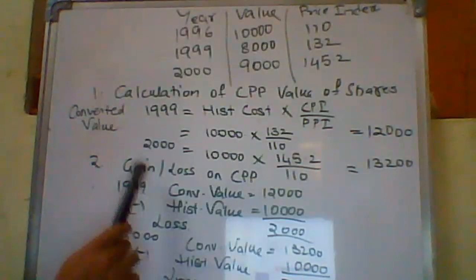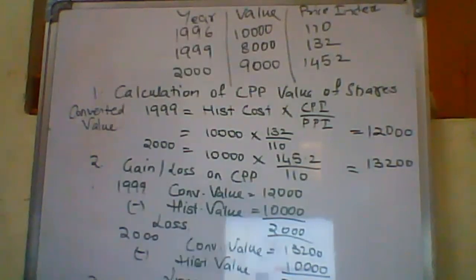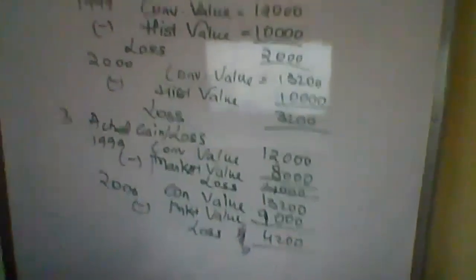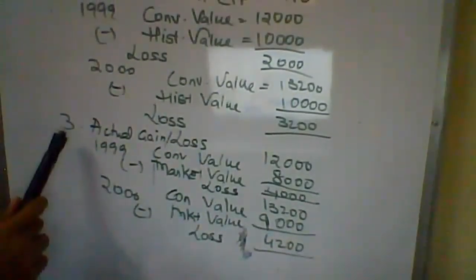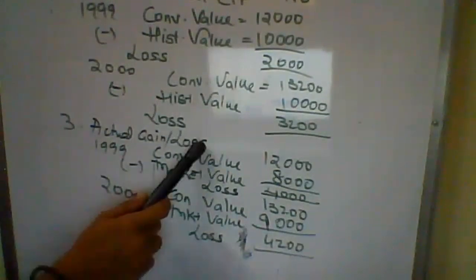Second question is asking you what is the gain or loss on the current purchasing power. So you are calculating converted value minus historical value. Are you getting any loss or gain? I am getting a loss in 1999, 12,000 minus 10,000, I get 2,000. Now in 2000, I get 13,200 minus 10,000, 3,200 loss. Third question asked is, what is the actual gain or loss?